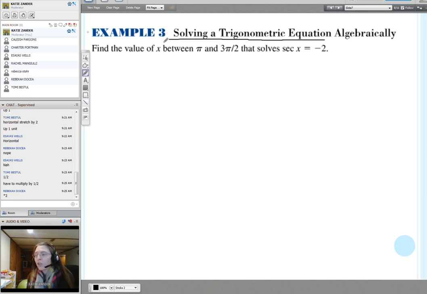This can be done with your unit circle though. So first of all, we have to decide what quadrant are we actually looking for an answer in. So it says find the value of x between pi and 3 pi over 2. What quadrant of my unit circle is that referring to? So pi and 3 pi over 2.